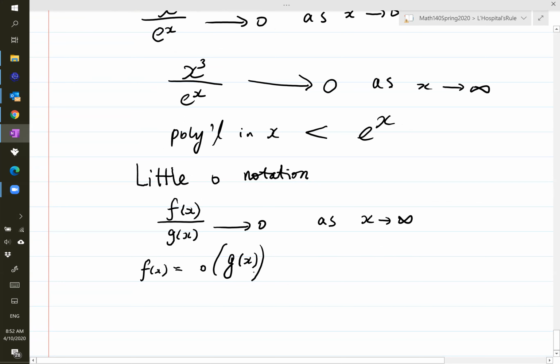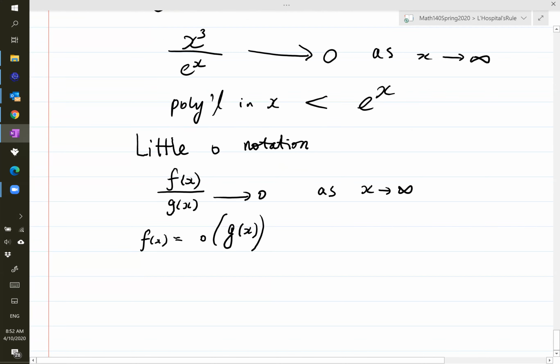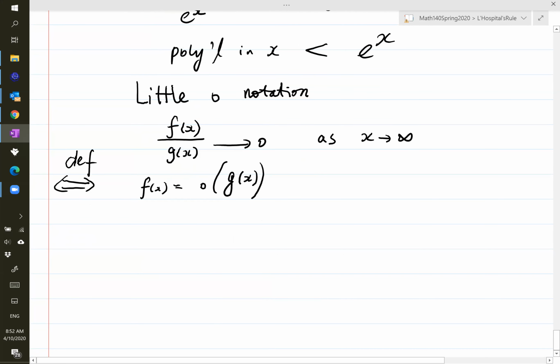This is the definition of little o. For example, this tells us a polynomial is little o of e to the x.